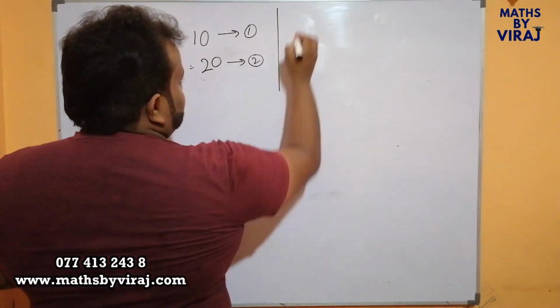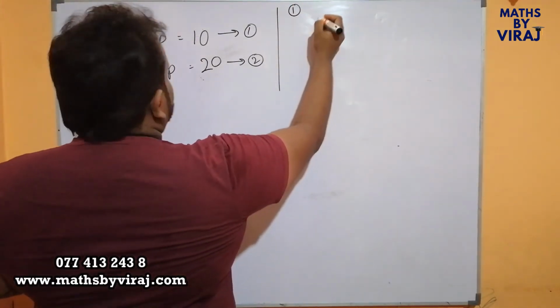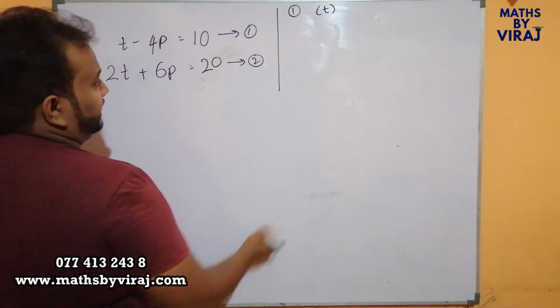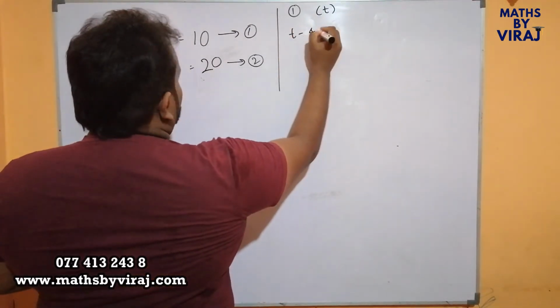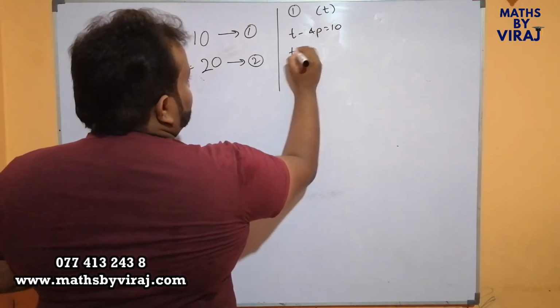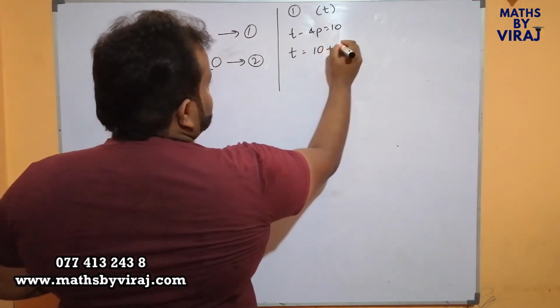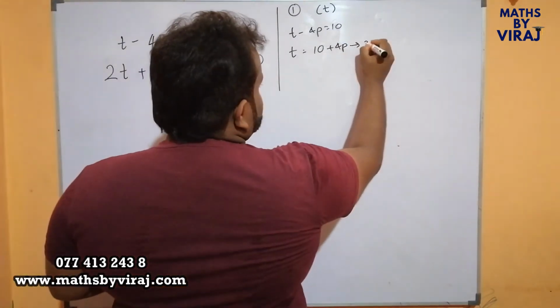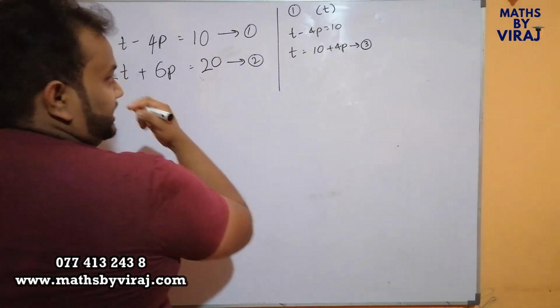If I consider equation 1 and make t the subject, what am I getting? t minus 4p is 10, so t is equal to 10 plus 4p. Yes, this is an expression. We'll mark this as equation number 3.